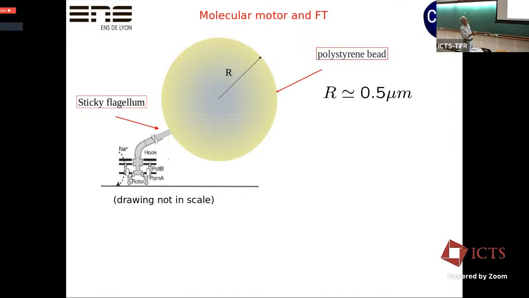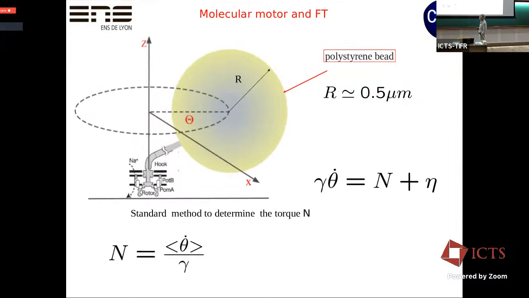The drawing is not to scale; the motor is much smaller than this, but it is just an example. You take a polystyrene bead, usually 1 micron in diameter, and you observe the motion of this bead with the microscope.